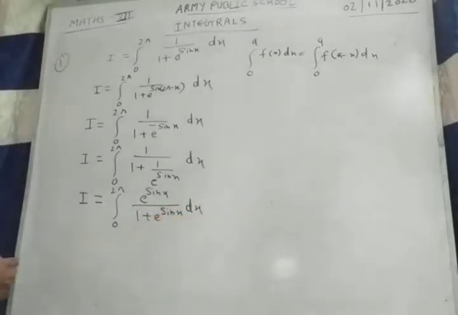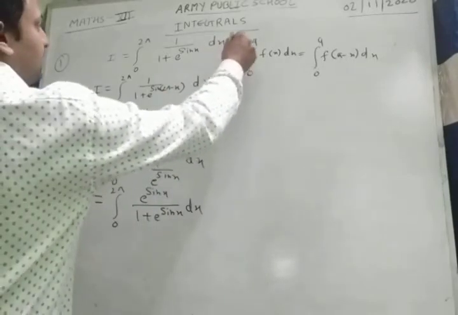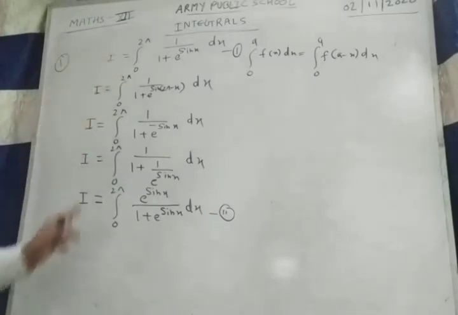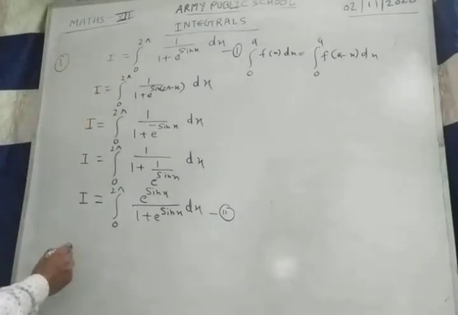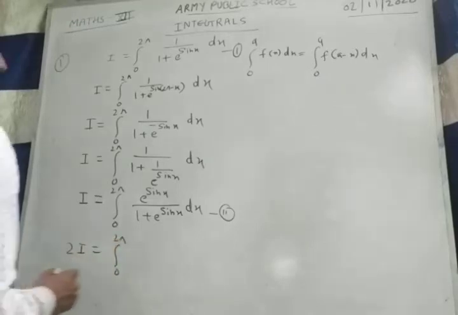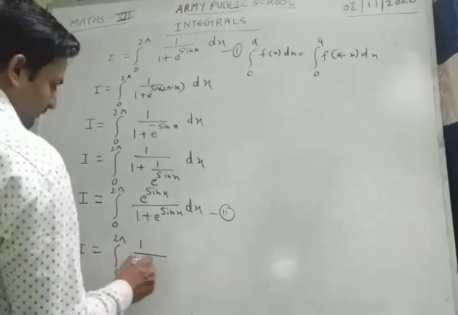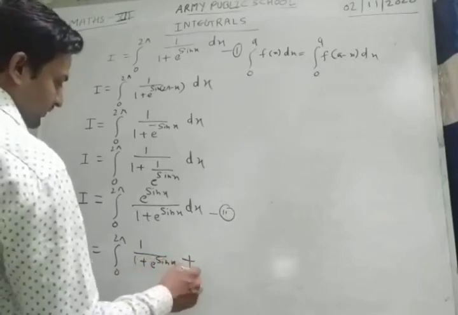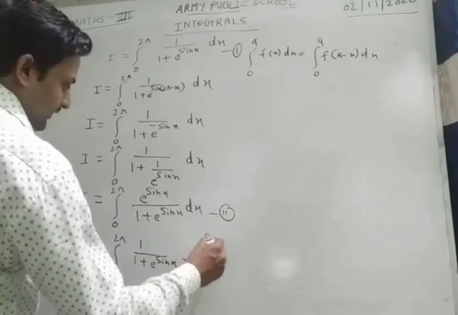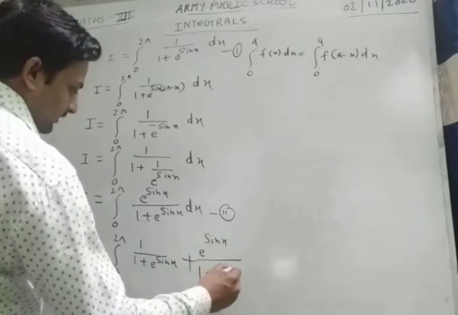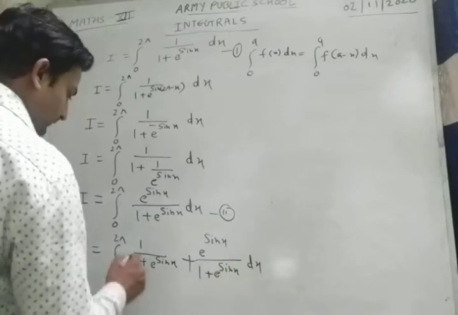This is our equation first and this is equation second. Now we add these two equations, we get 2I is equal to integral 0 to 2 pi of (1 plus e to the power sin x) divided by (1 plus e to the power sin x) dx.